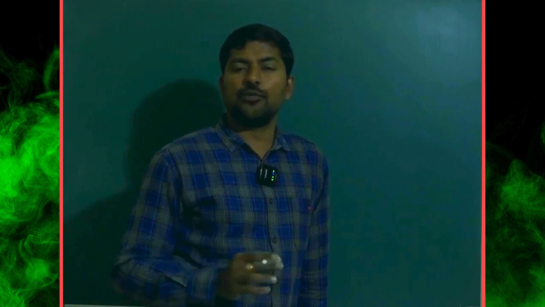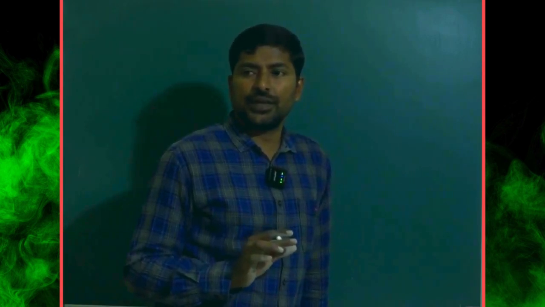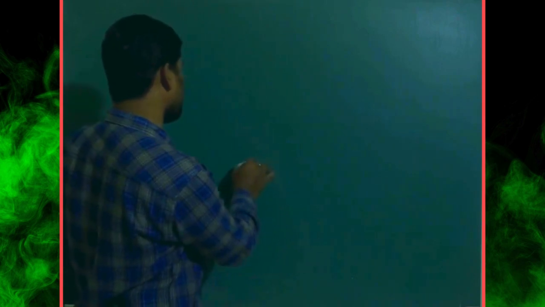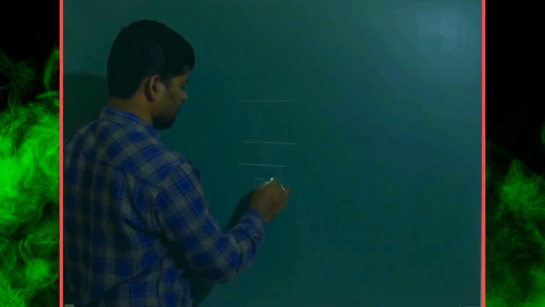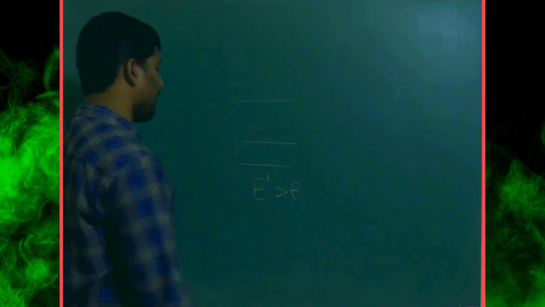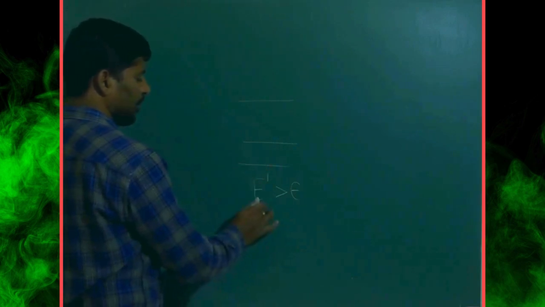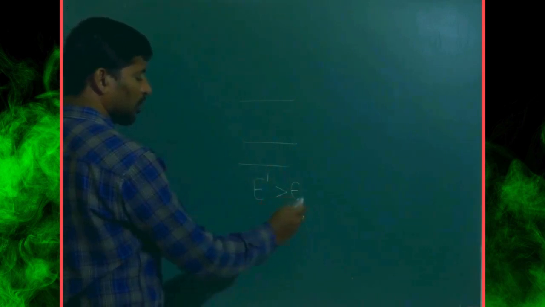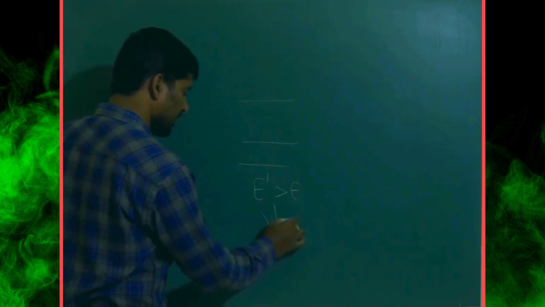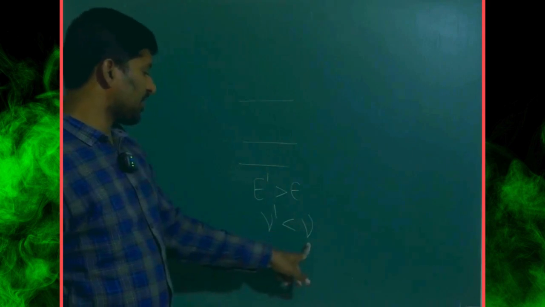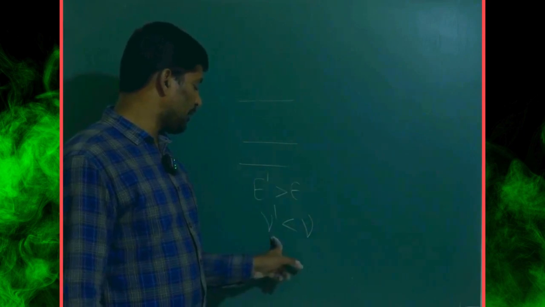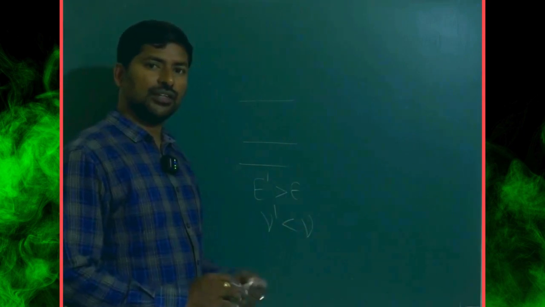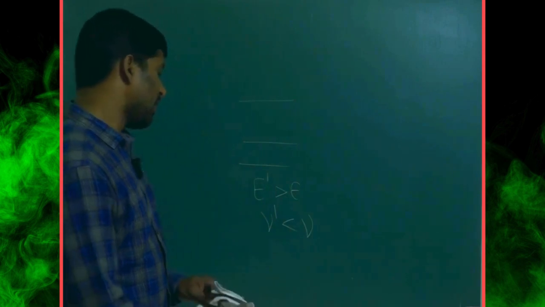If the energy of the molecule after scattering is more than the incident radiation energy, or the scattered radiation frequency is less than the incident frequency, we get Stokes lines. If E dash is less than E or nu dash is greater than nu, that corresponds to anti-Stokes lines. Generally the intensity of anti-Stokes lines is less than Stokes lines.